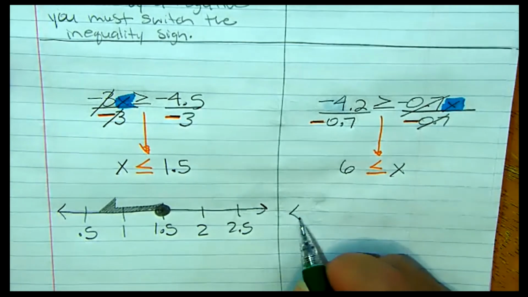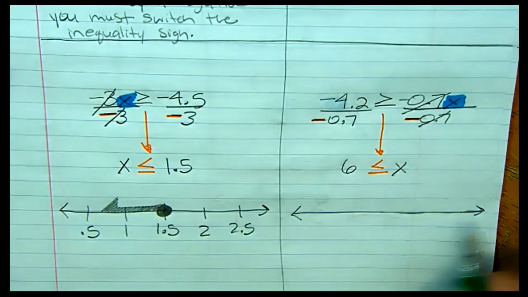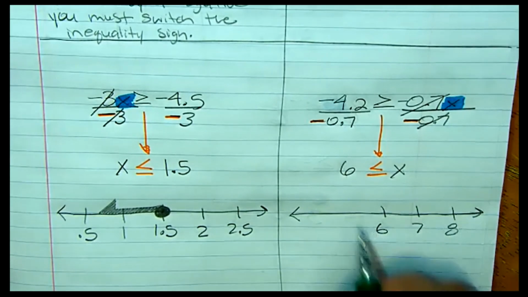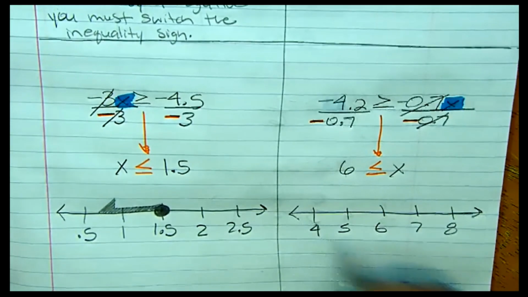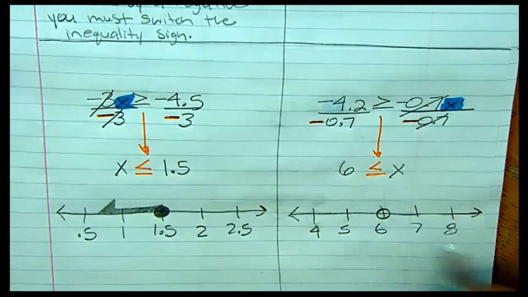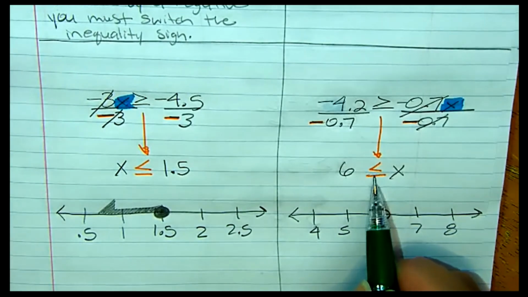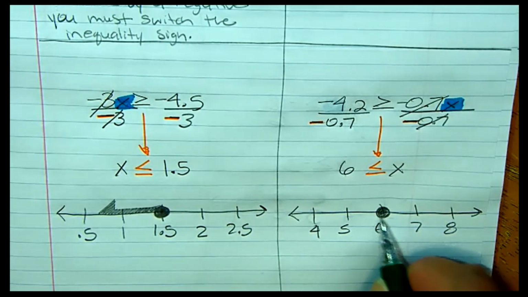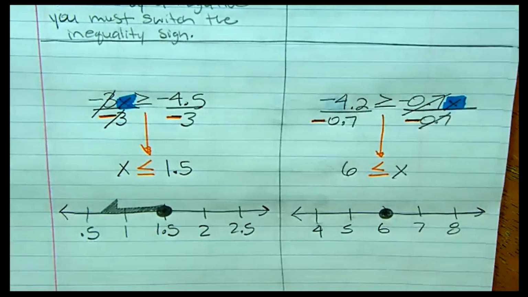Okay, now we've got to graph this. I put my target in the middle, 2 ticks to the right, 2 ticks to the left. This is where my solution set starts. And there's an equal sign, so that means 6 is included in the solution set. So it's a closed circle.